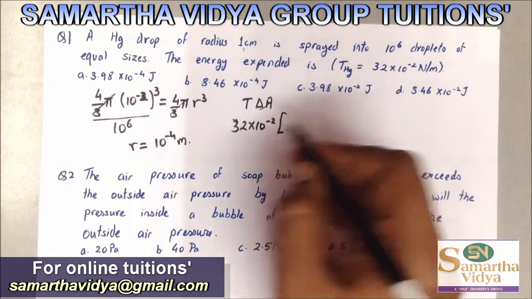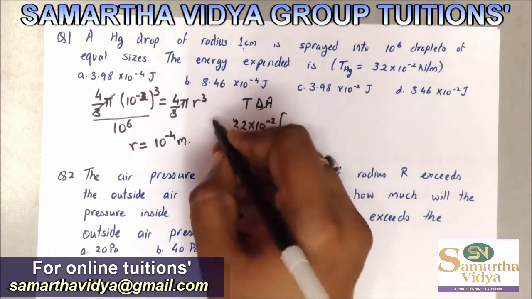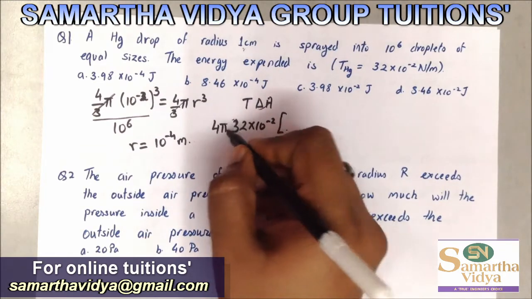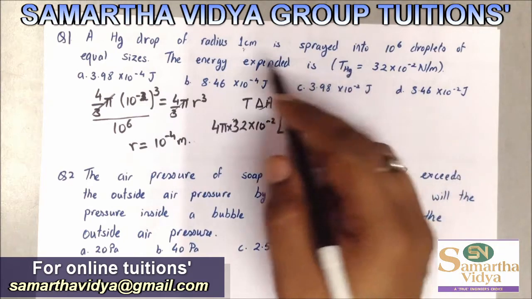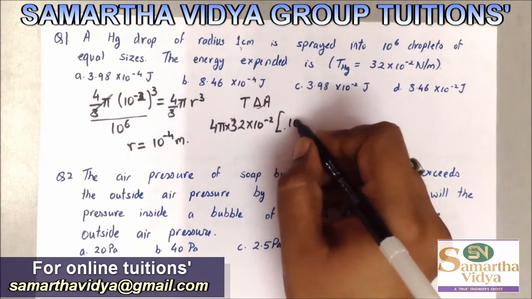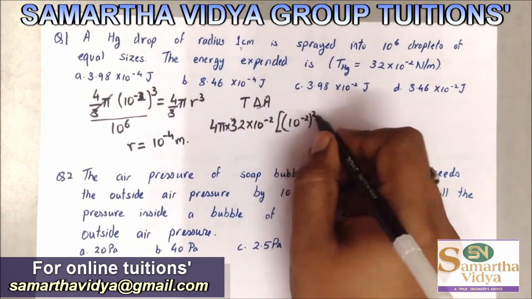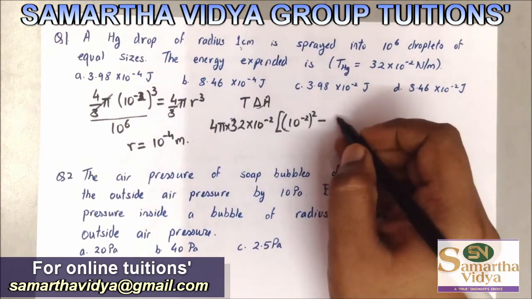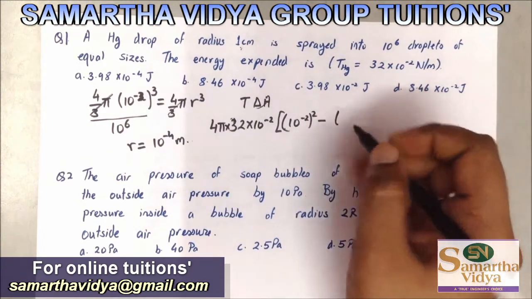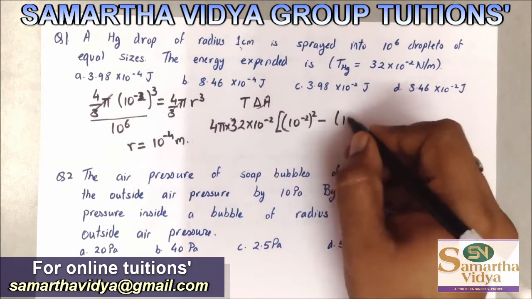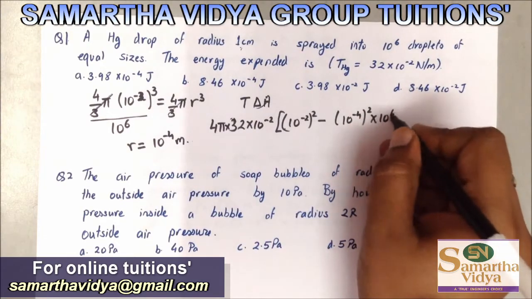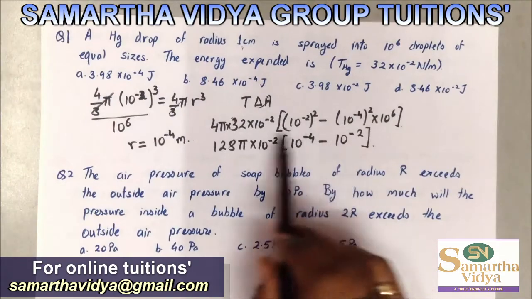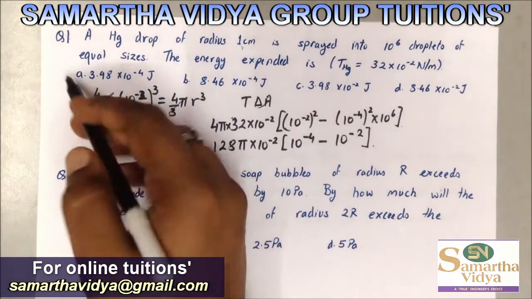So that is nothing but we have the 4 pi common outside, so we can write 4 pi outside, and we have the r square inside it. So r square is 10 raised to minus 2, the square of it, minus 10 raised to minus 4 square, into 10 raised to 6 droplets. If you do this particular calculation, you will get the answer as A.